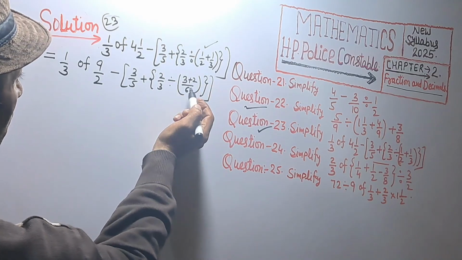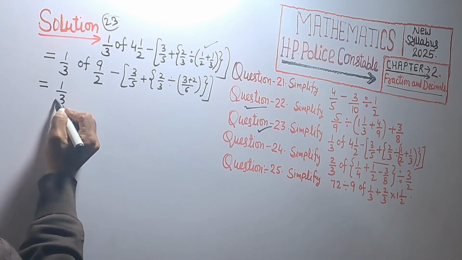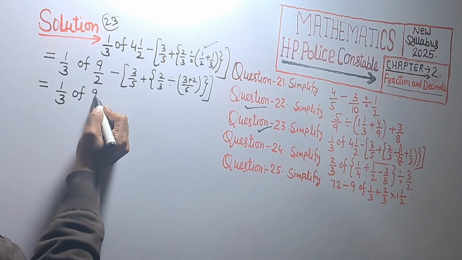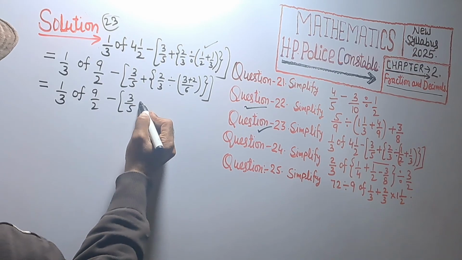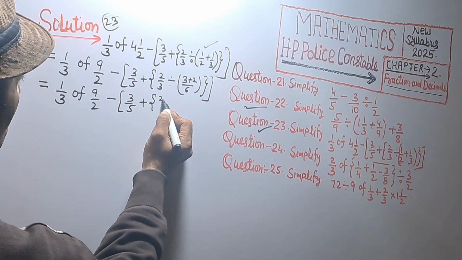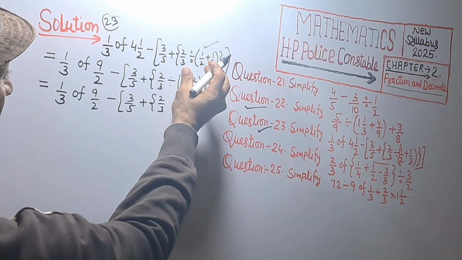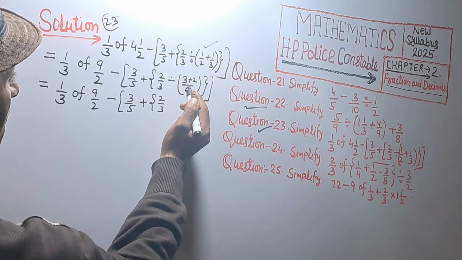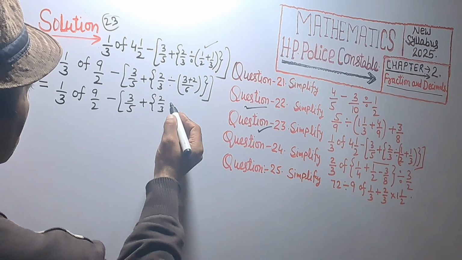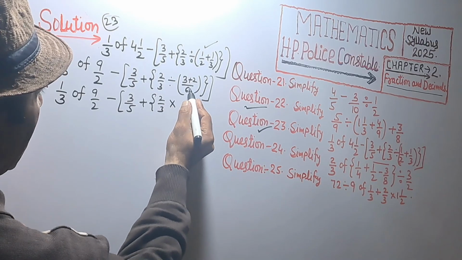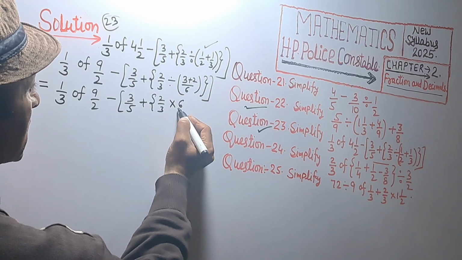So 5 upon 6. Next step is 1/3 of 9/2 minus 3/5 plus 2/3. Divide changes to multiplication, and the reciprocal of 5/6 will be 6/5.